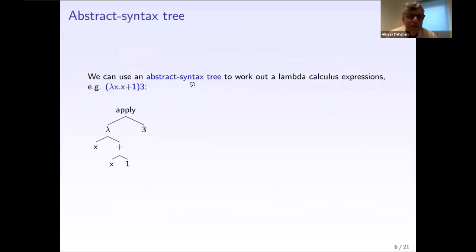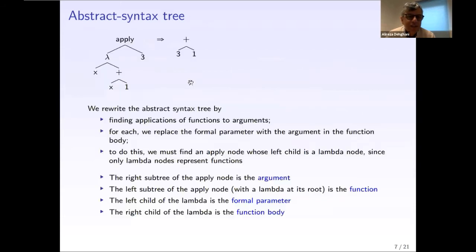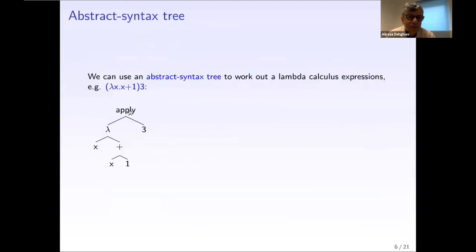And that's the abstract syntax tree. You are familiar with the abstract syntax tree, which we use in coding and in the compiler course, okay? Compiler module. If you have a lambda expression like this, the abstract syntax tree for that would be something like this. It would be the apply, and then you have the lambda and the argument.